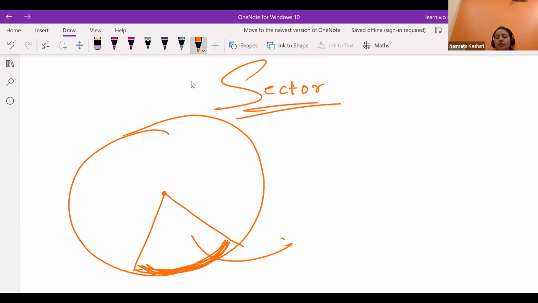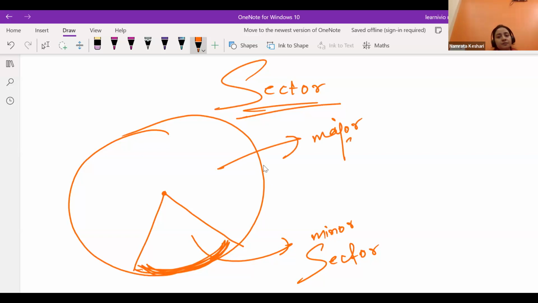This one will be called minor sector, and the bigger arc is giving us major sector. So in a sector, we must get two radii and an arc. In the segment, we must get a chord and the arc. Okay, this one is called major sector.